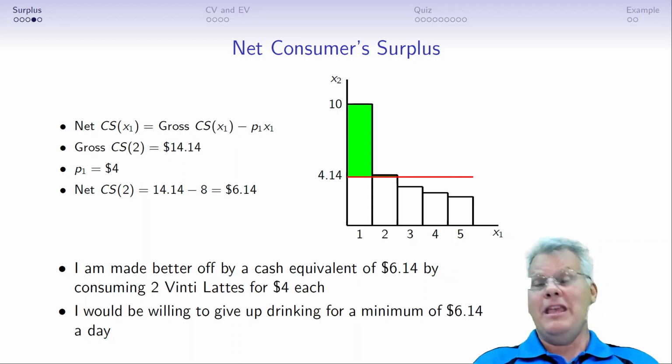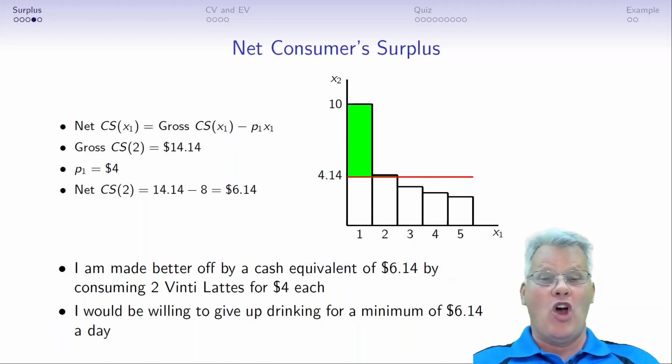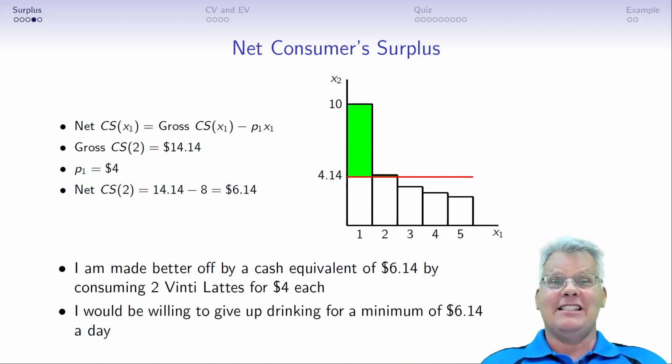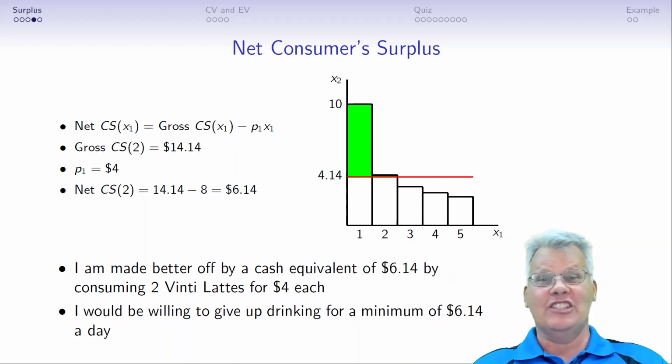Right? So being able to buy a latte for $4 and drink it makes me as much better off as if someone gave me an additional $6 to spend on other goods and services.